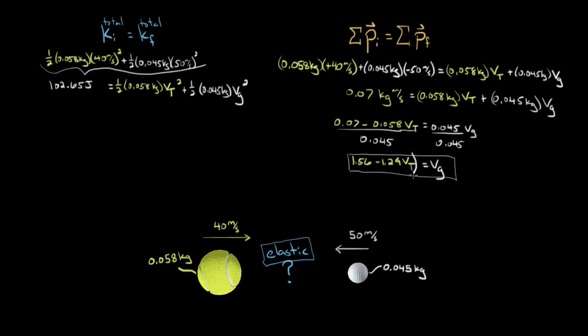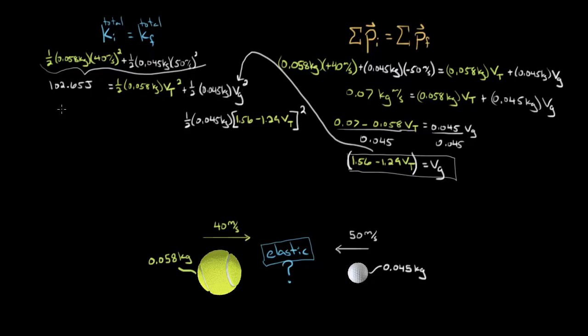I'm going to take this whole expression, which is equal to VG, and plug it in over here, which gives me 1/2 times 0.045 kilograms times the quantity 1.56 minus 1.29 VT, squared, because this VG was squared. I'm just substituting the expression for VG, and I still have to multiply by the 1/2 and the 0.045.